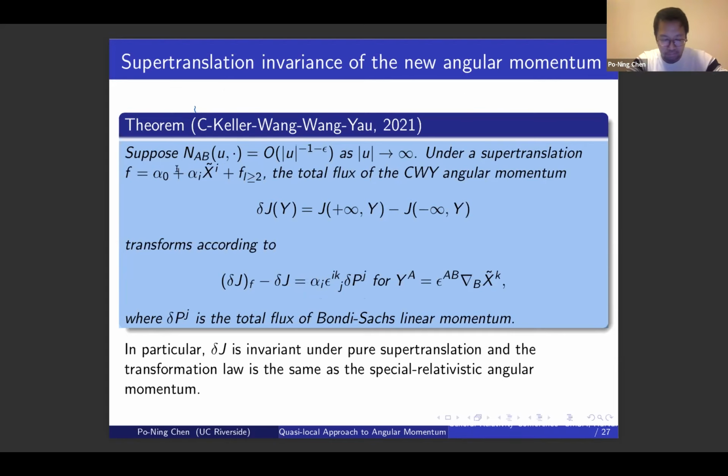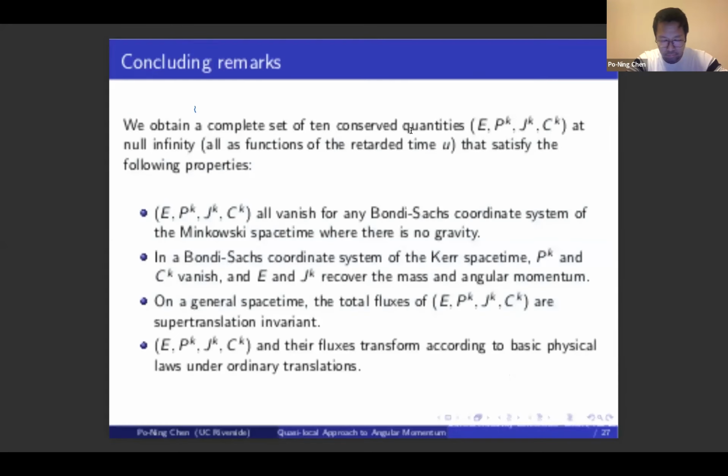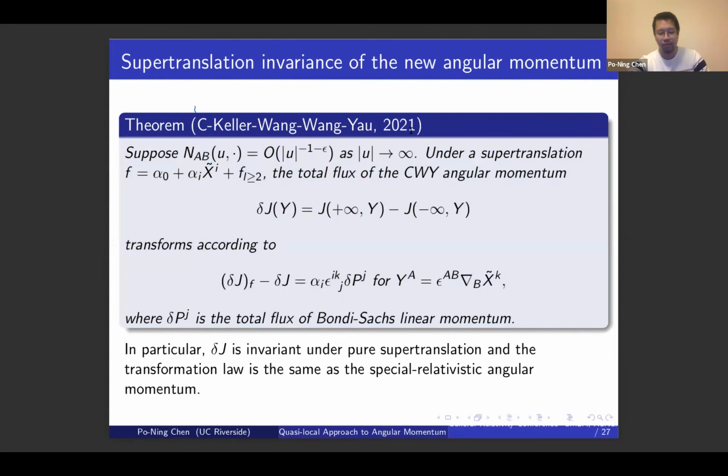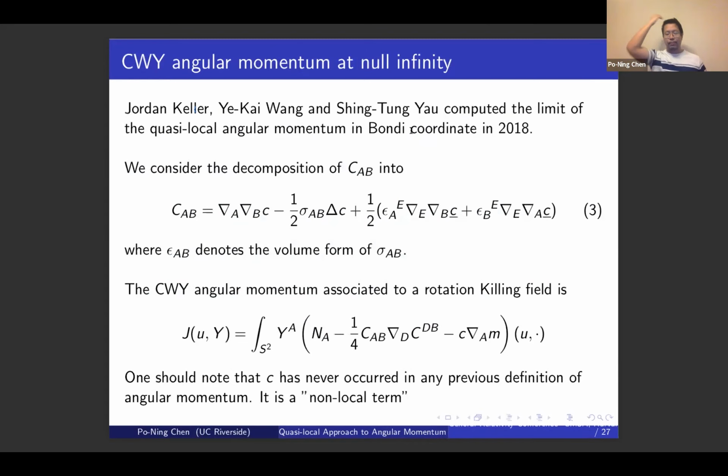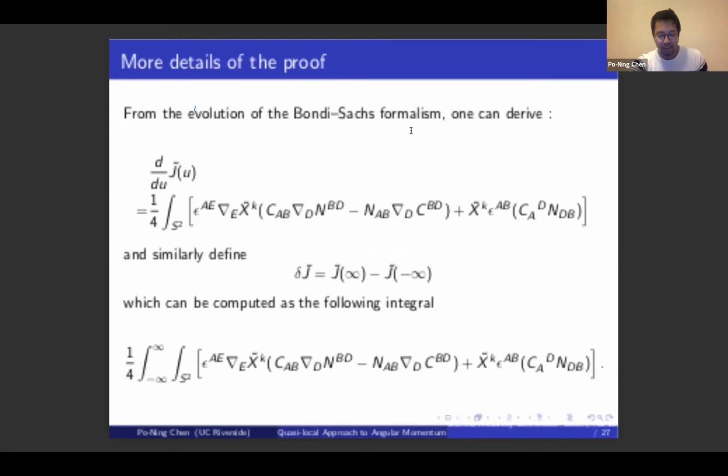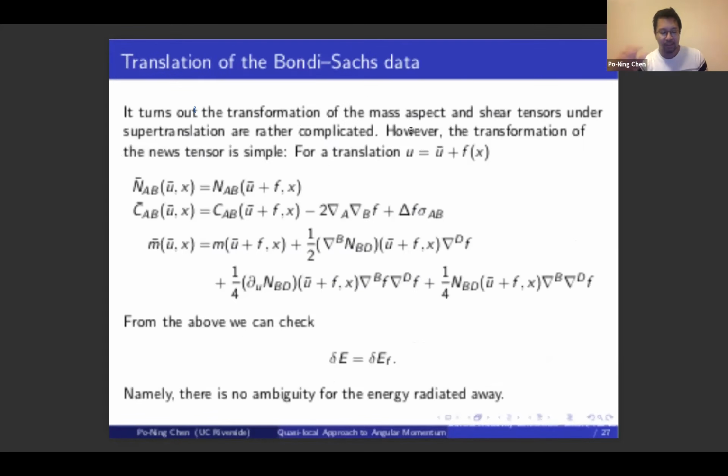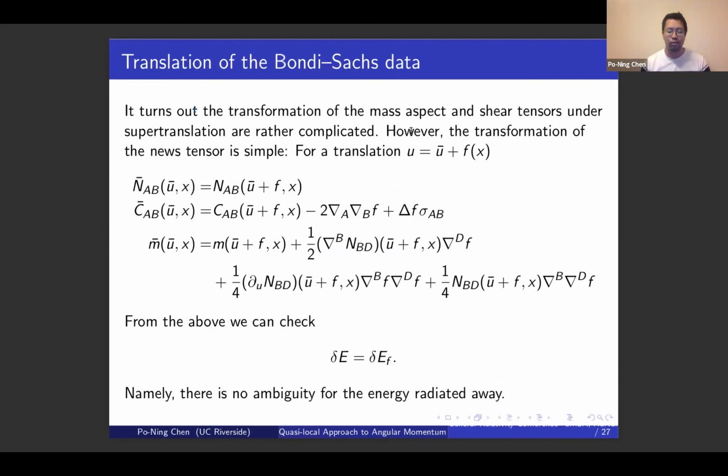And the proof is rather straightforward. At plus and minus infinity, how does the potential transform under a supertranslation? Right. So let's go back to this. This is how the shear would transform.